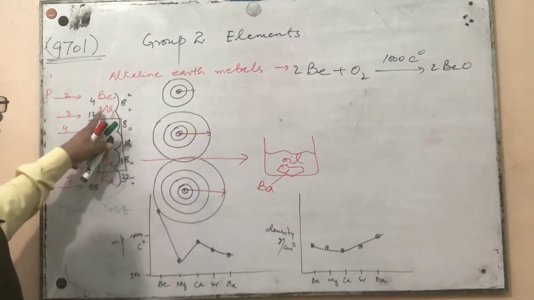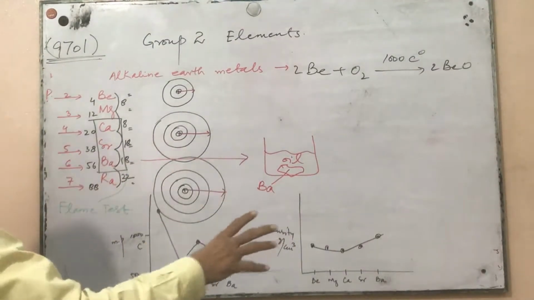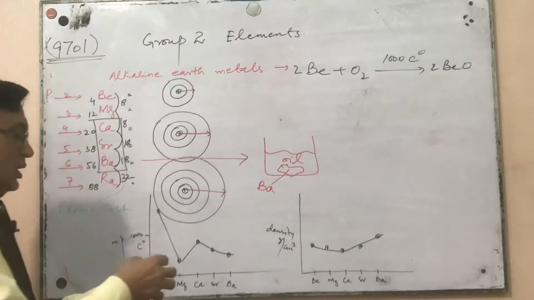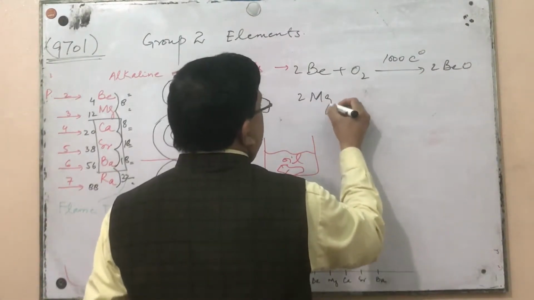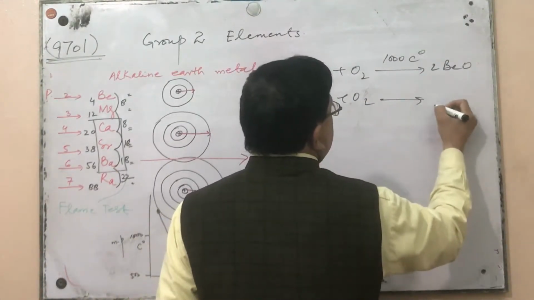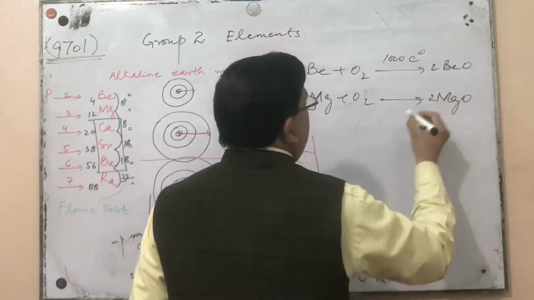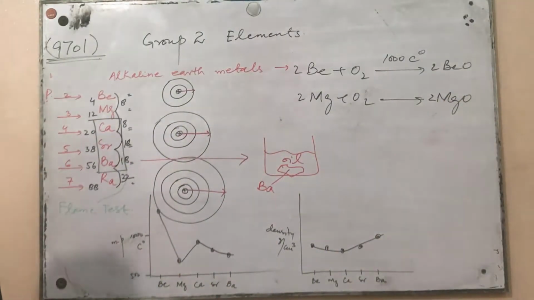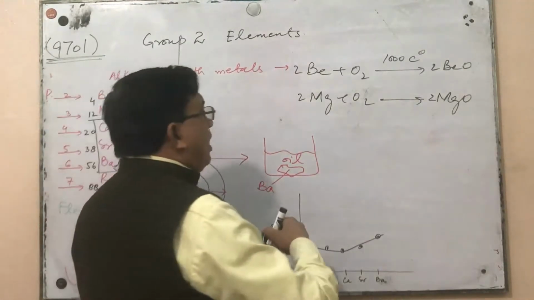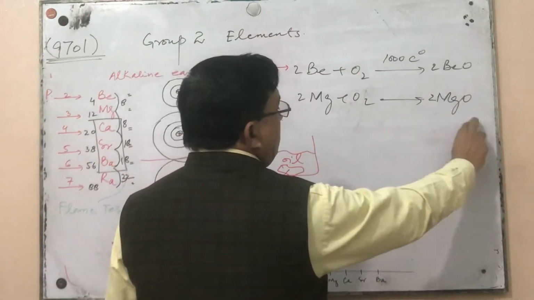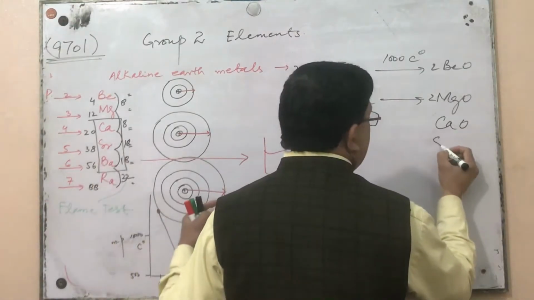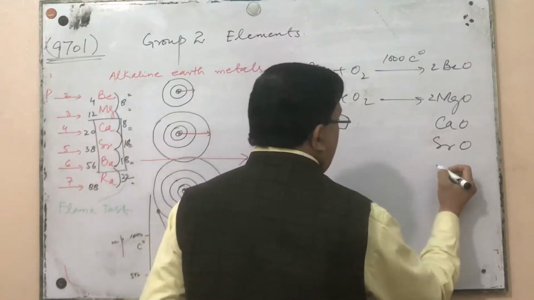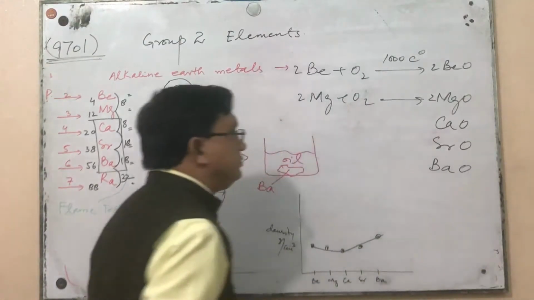But with magnesium, whenever we supply heat, magnesium burns in oxygen, producing magnesium oxide, and it burns with a very bright flame. Similarly, all these elements show the same chemical reaction, producing the respective oxide: calcium oxide, strontium oxide, then barium oxide.